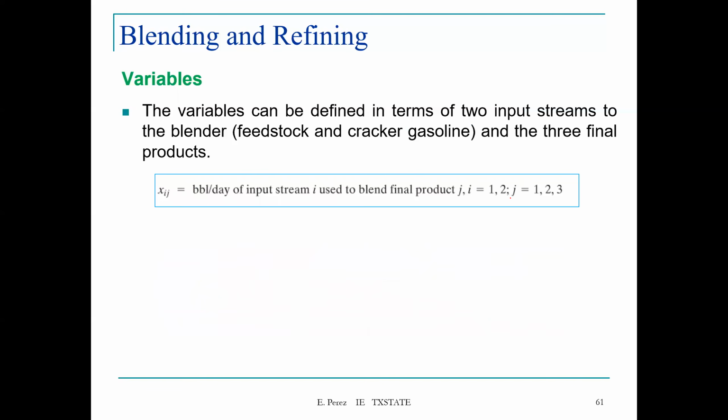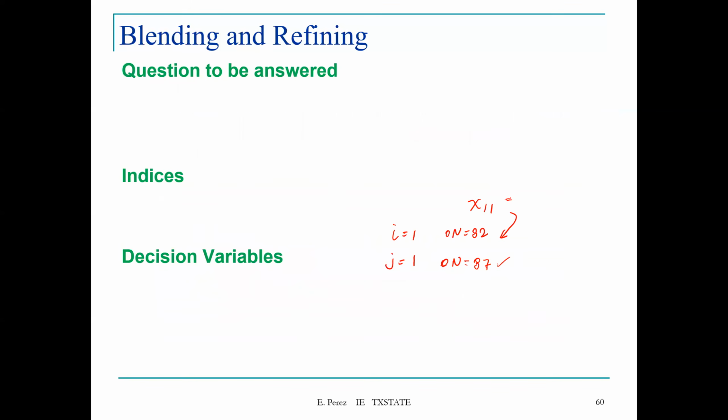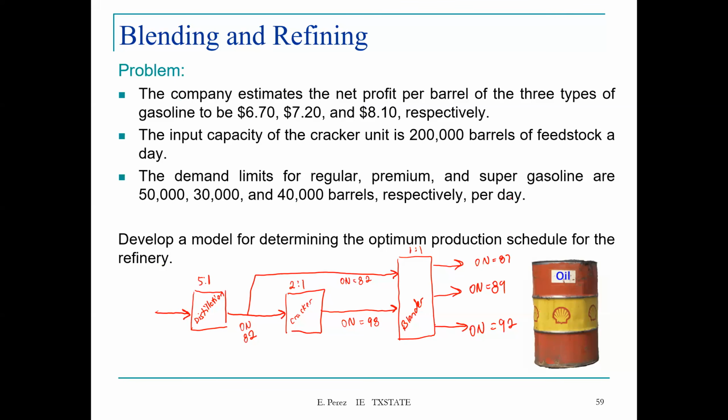So that feedstock is this piece right here. This is your feedstock. And this is what's coming from the cracker. So those are your I equals 1 and I equals 2. And then this is J equals 1, this is J equals 2, and this is J equals 3.